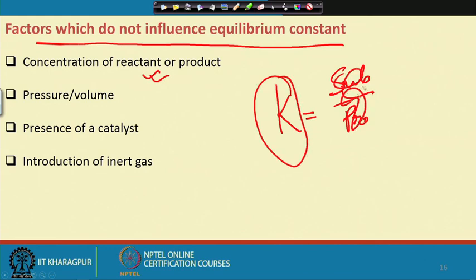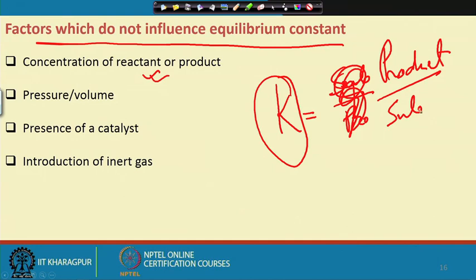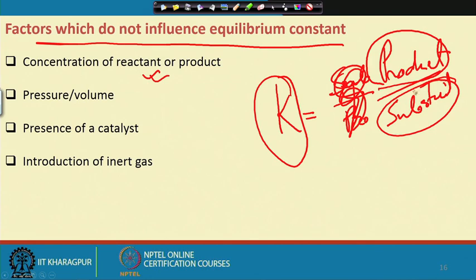Sorry, I wrote this wrongly, this is product by substrate. As the product concentration increases, the substrate concentration should increase so that K remains constant.